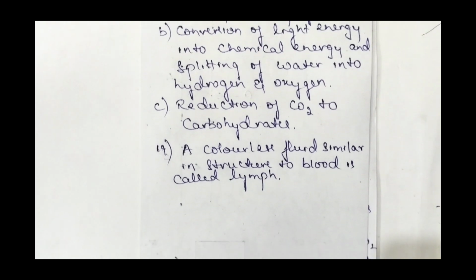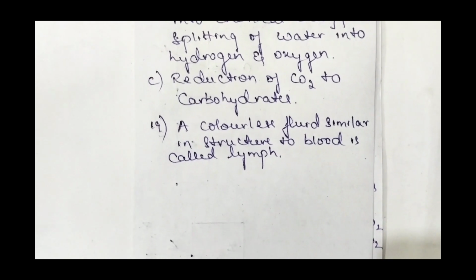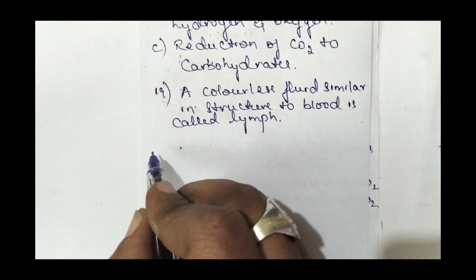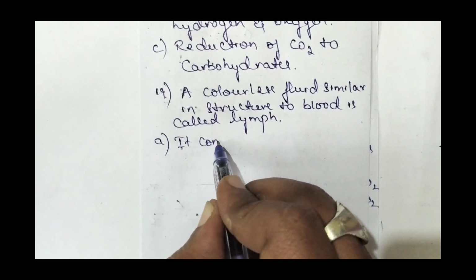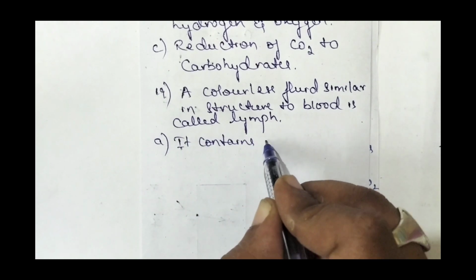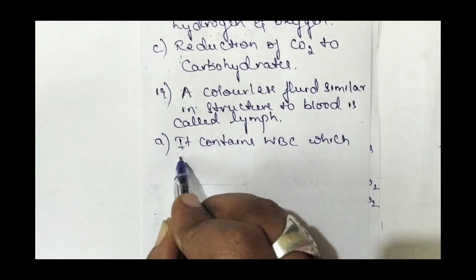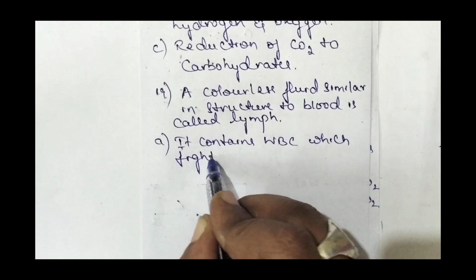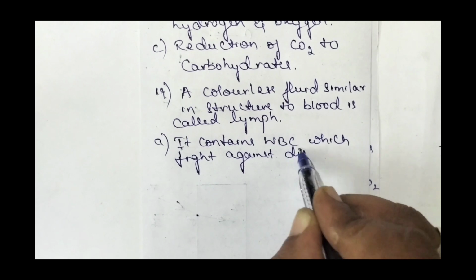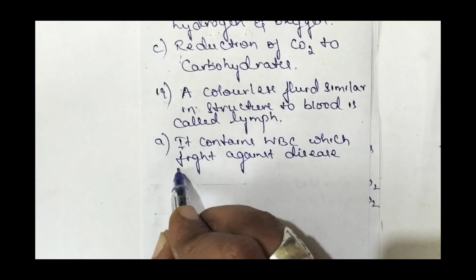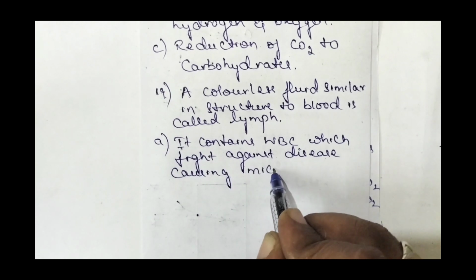Now let us write the functions of lymph. Lymph will do two functions. The first function is that it contains WBC, which fight against disease causing microorganisms.